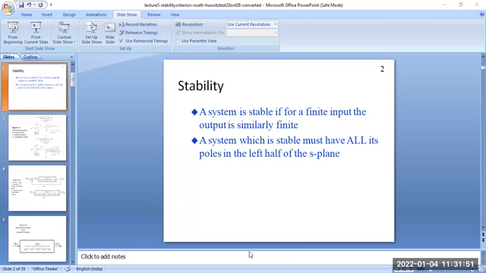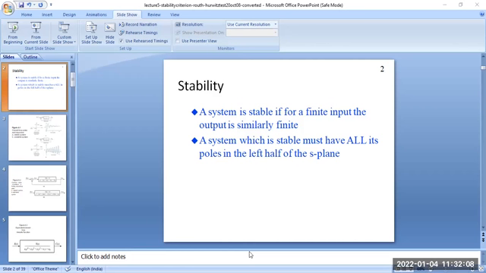Okay, so we have discussed the stability of the control system. We learned in the previous module the different orders of the system: first order, second order, third order, and higher order transfer functions.